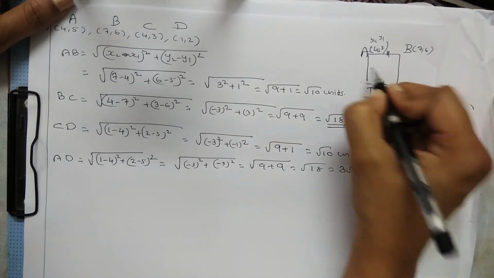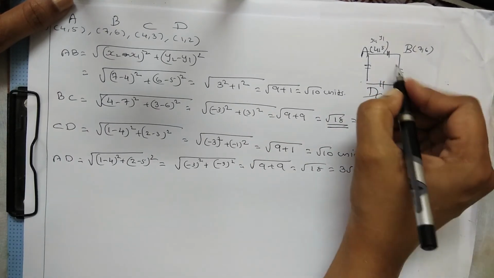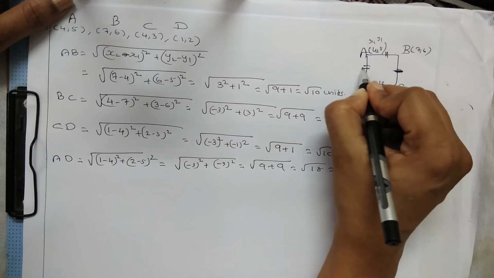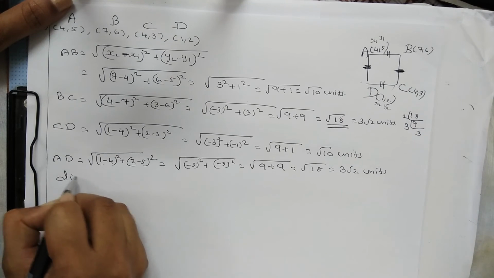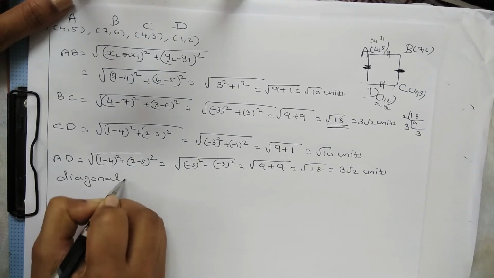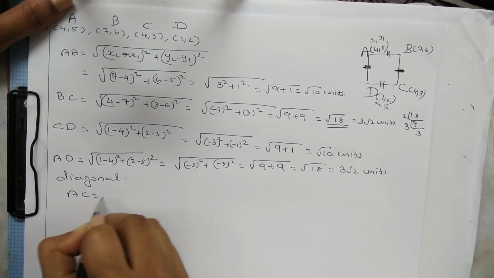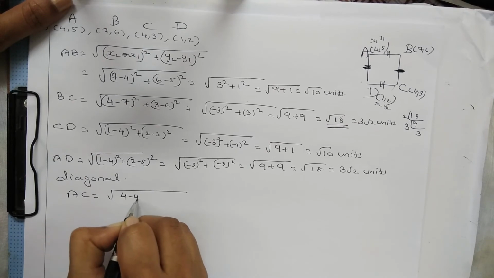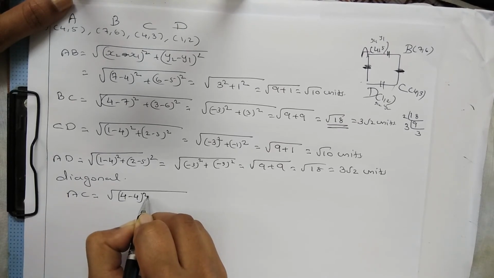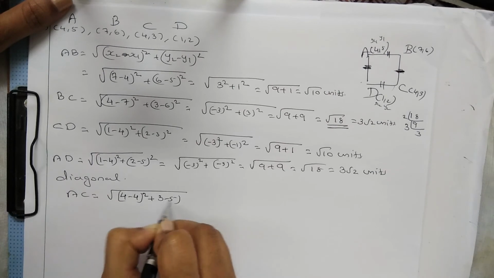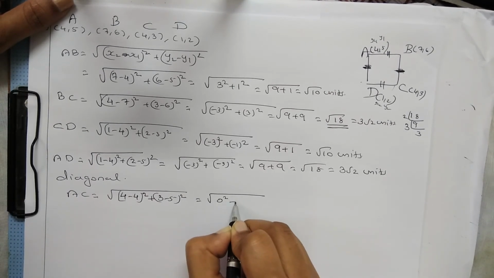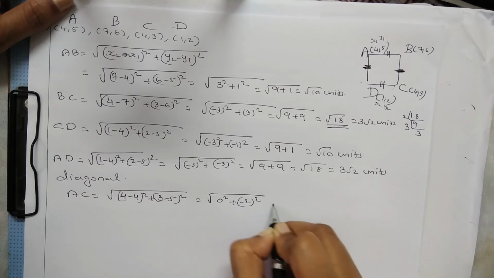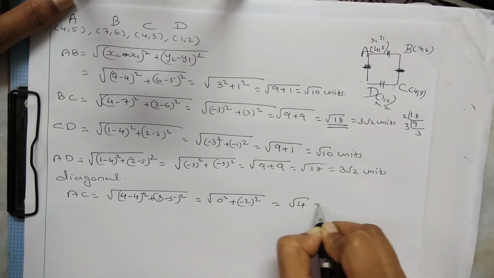Now you are getting here opposite sides are equal. That means BC is equal to AD and AB is equal to DC. Now you have to go for the diagonal. Diagonal AC is equal to root of 4 minus 4 the whole square plus 3 minus 5 the whole square, that is equal to root of 0 square plus minus 2 the whole square, is equal to root 4, it is 2 units.